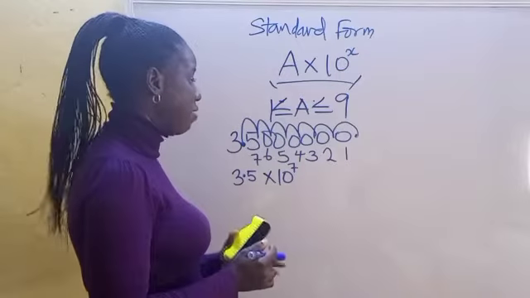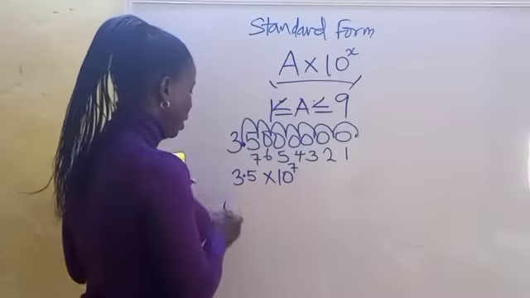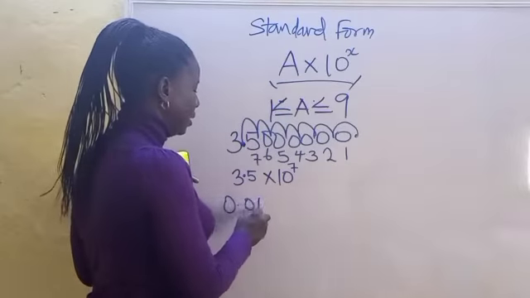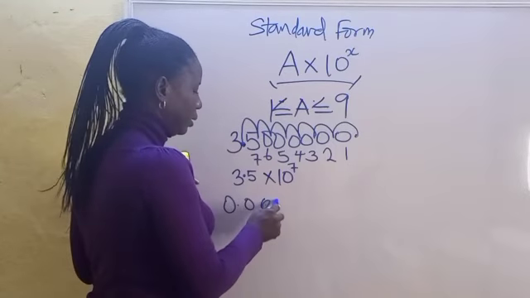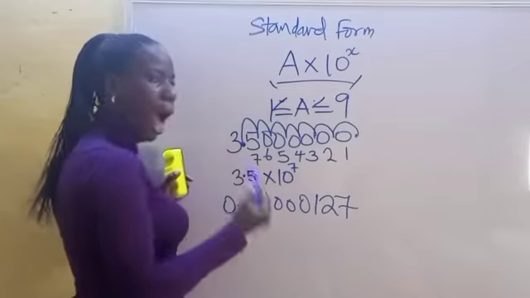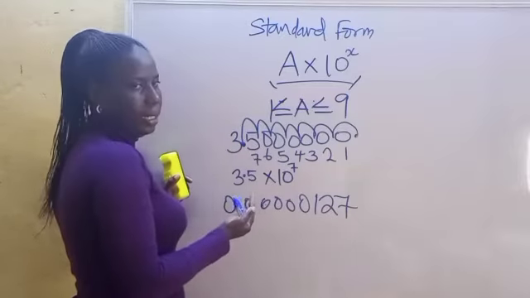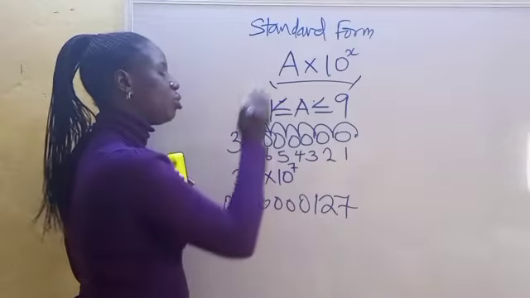What if we have a very small decimal number in this form? Okay, let me make it smaller. 127. How do we write the standard form? We move this decimal place now to the right.